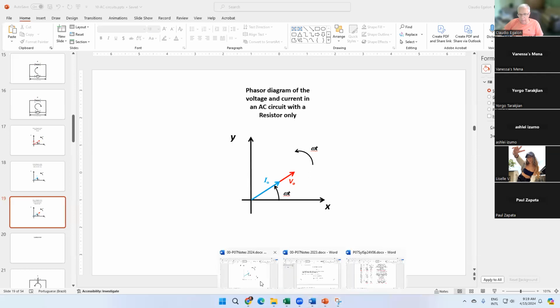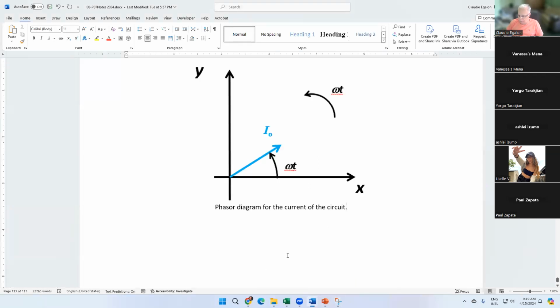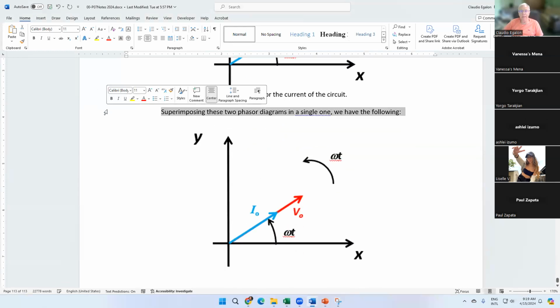Superimposing these two phasor diagrams in a single one, we have the following. There you go.